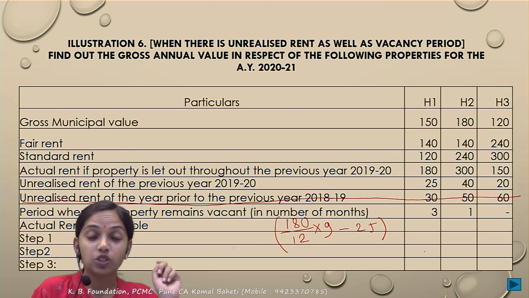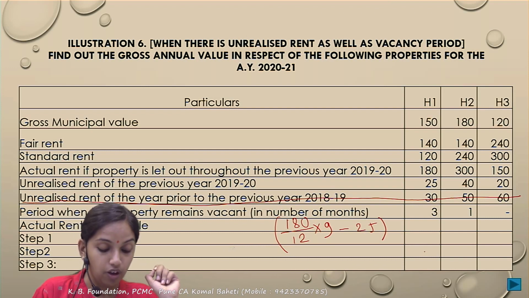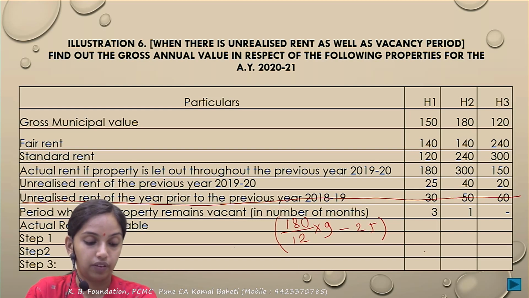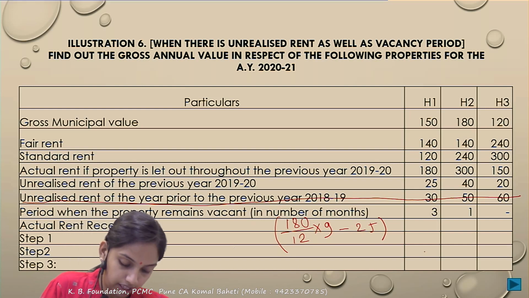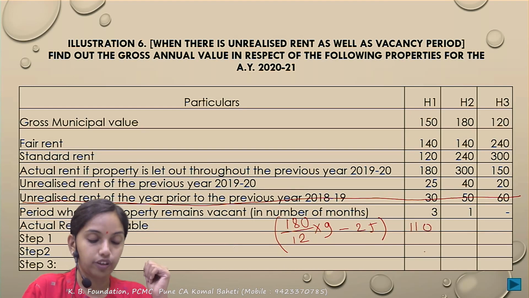Then you will get actual rent received for house property 1. So do the calculation: 180 divided by 12, multiply by 9, minus the 25. So how much is the answer? Correct, 110. This is actual rent receivable for house 1.